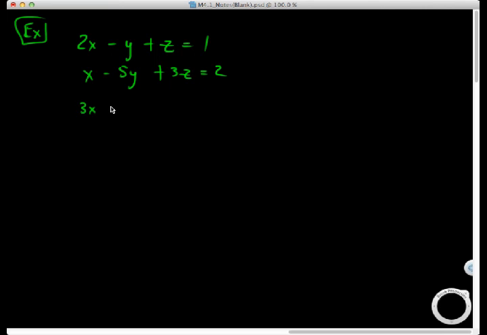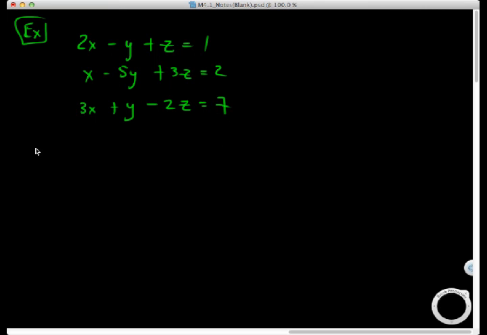I'm not going to do an entire example for a 3 by 3, but I just want to demonstrate the setup for it. So if I had, and I'm just making up these numbers, 2x minus y plus z equals 1, x minus 5y plus 3z equals 2, and let's say 3x plus y minus 2z equals 7.